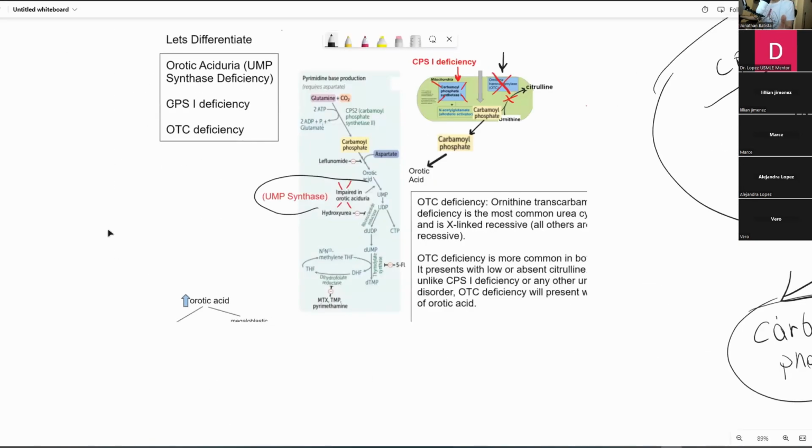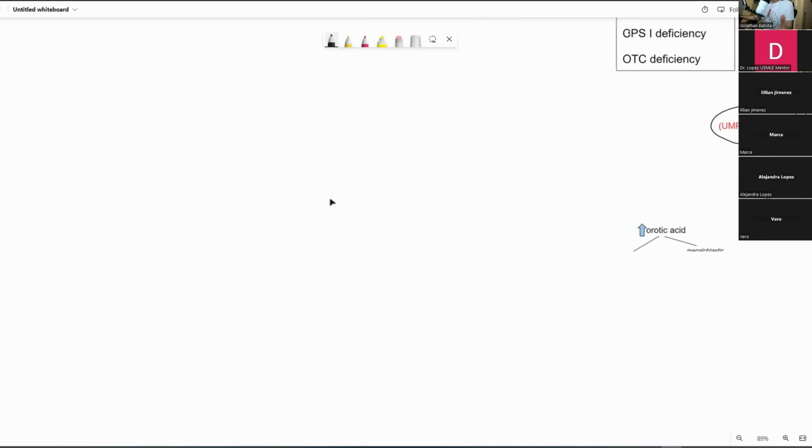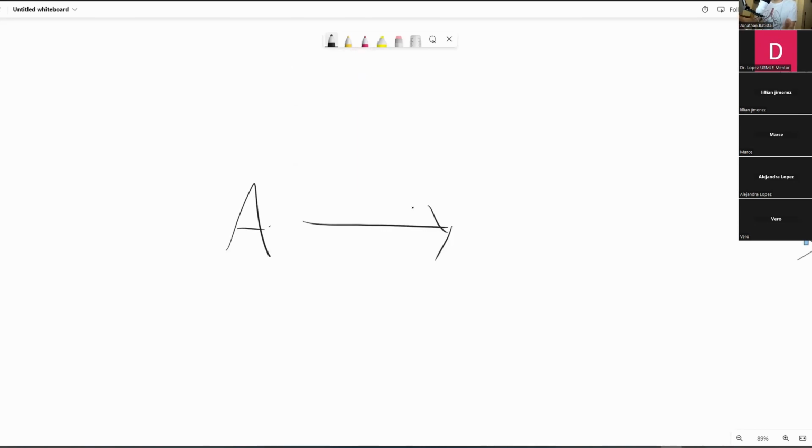The AB rule is followed definitely. So you're seeing that A and B, you basically cut off your B. A in this case is orotic acid. Let's just say that's A, and that's going to accumulate.